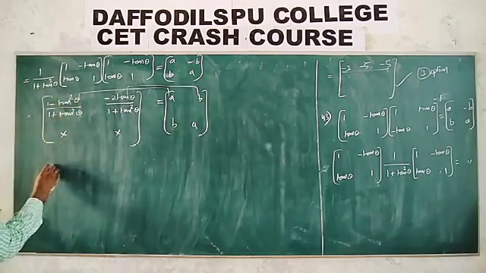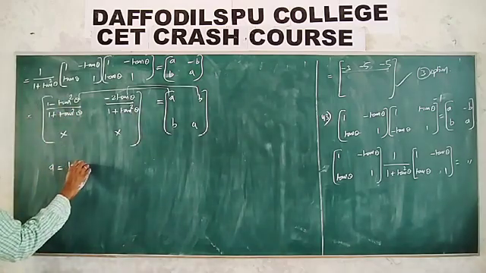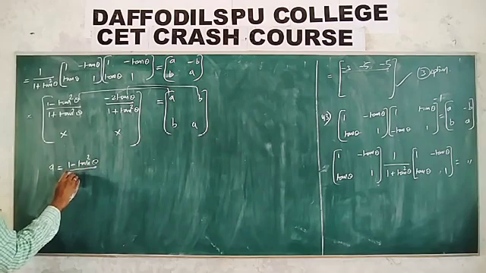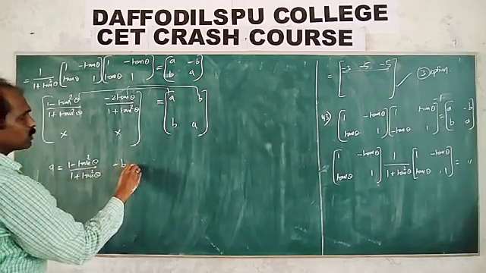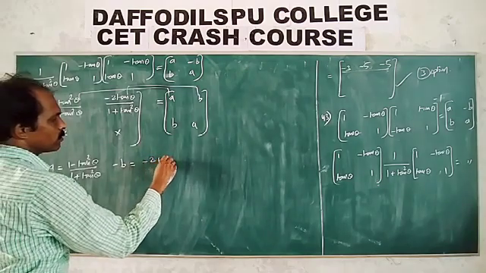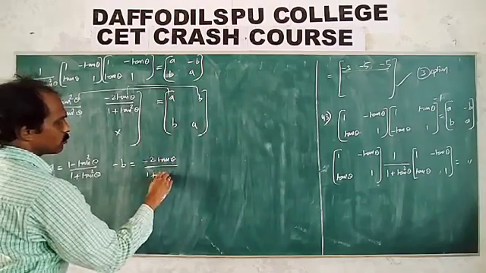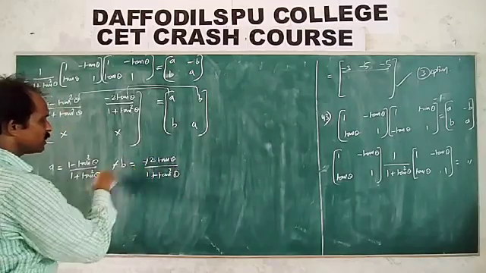A is equal to 1 minus tan square theta by 1 plus tan square theta, and minus B is equal to minus 2 tan theta by 1 plus tan square theta. Minus minus cancel.